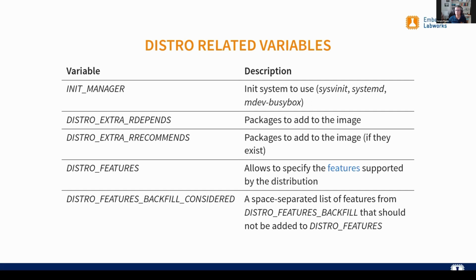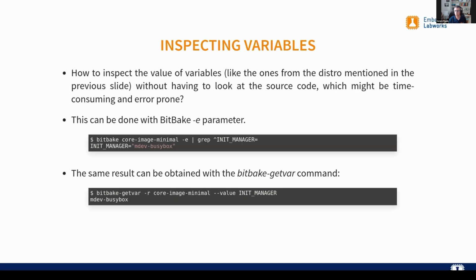But for example, depending on the init manager that you select, if you select systemd, you're going to have many more packages and much more software installed than if you select, for example, BusyBox as your init manager. In a distro, you can select packages as well, for example, using DISTRO_EXTRA_RDEPENDS. So all of those variables can, as a consequence, cause the installation of additional packages in the image.